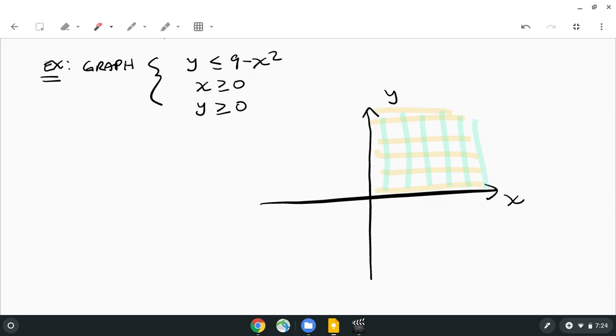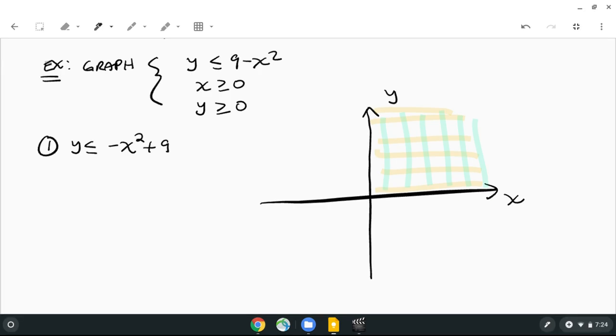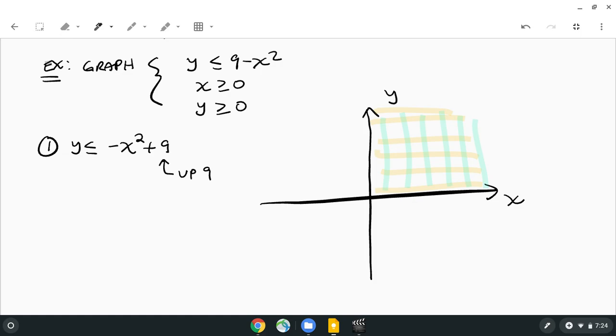Okay, so let's graph that parabola up above. That first one, I'm going to write it like this, so maybe it'll look a little more familiar. You're probably used to seeing it like this. So this is a parabola that will get shifted up 9 units, and the original y values get multiplied by -1.